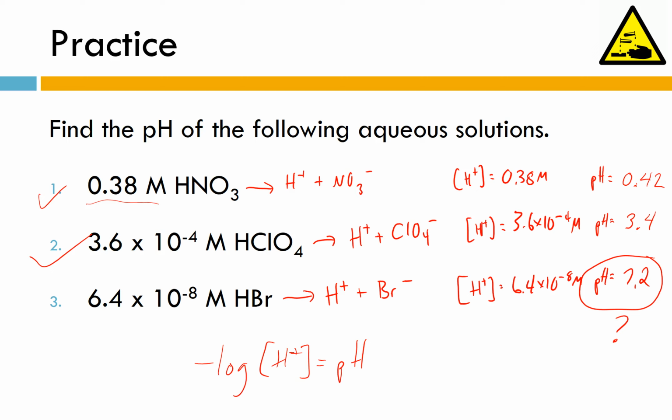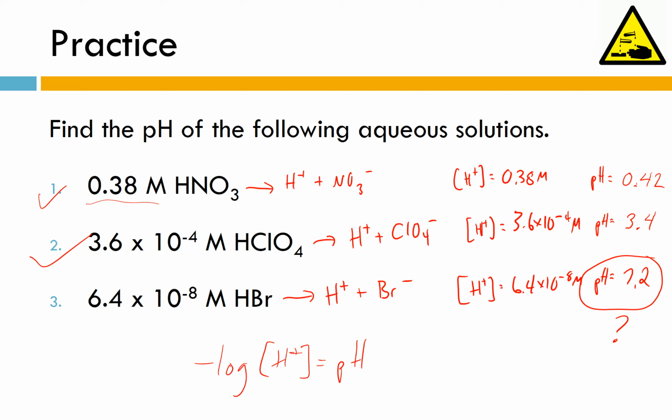Even though this is a really dilute solution of hydrobromic acid, there's no reason that adding an acid should make the pH turn basic. So if you came up with 7.2, your calculator's right. That's how you do the math. But from a sanity perspective, this makes absolutely no sense. You shouldn't see a basic pH for an acidic solution, regardless of how dilute it is.